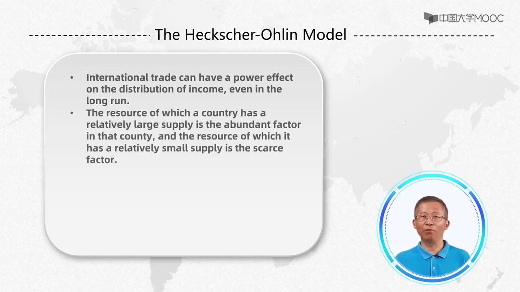The resource of which a country has a relatively large supply is the abundant factor in that country, and the resource of which it has a relatively small supply is a scarce factor. For instance, labor is the abundant factor, and capital is the scarce factor in home.